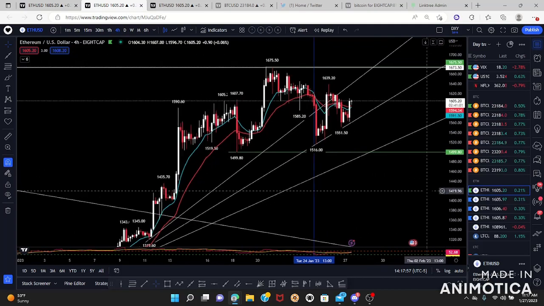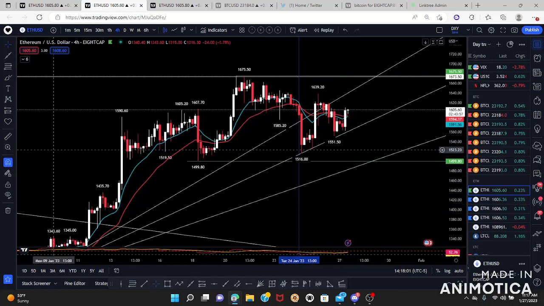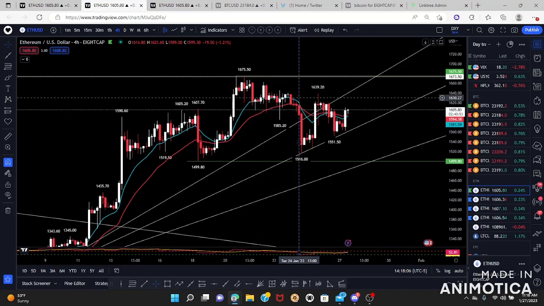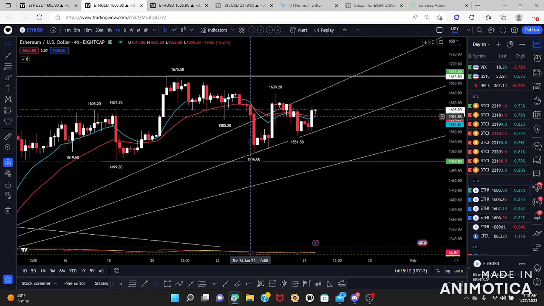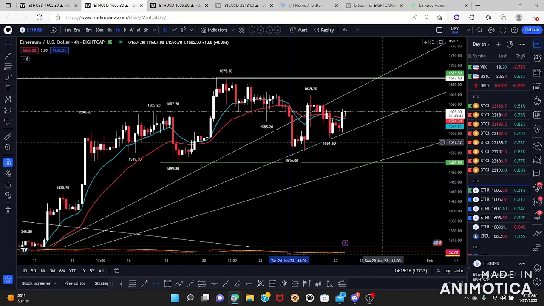But like I mentioned, 4-hour trend line breaking, 12 and 26 EMA crossing. They did cross, but price has been up and down within this range here. So that's why we're going to move into our 4-hour now.